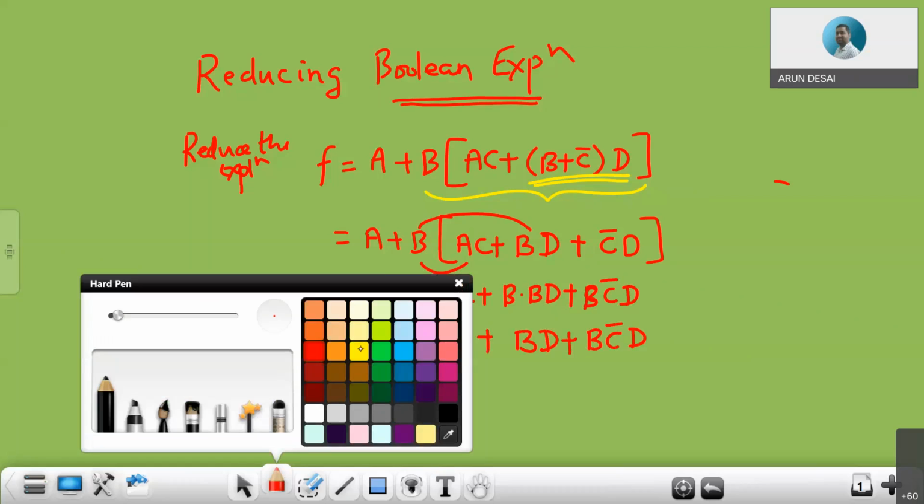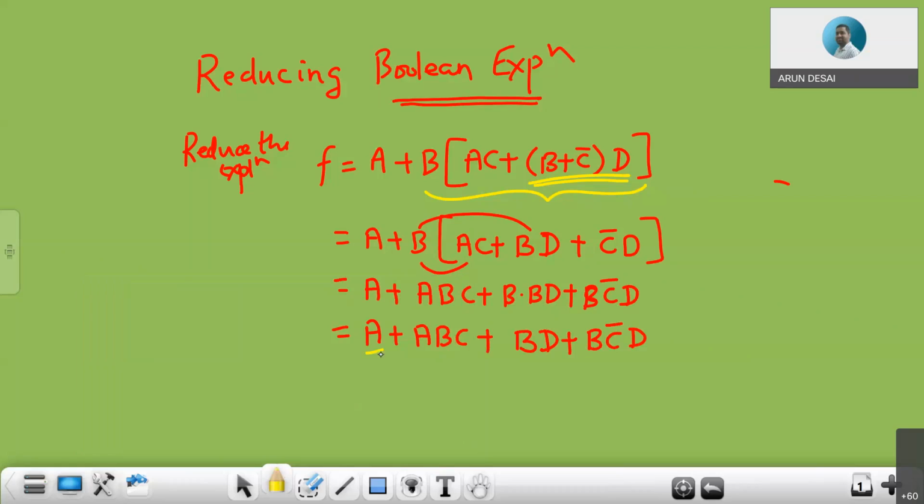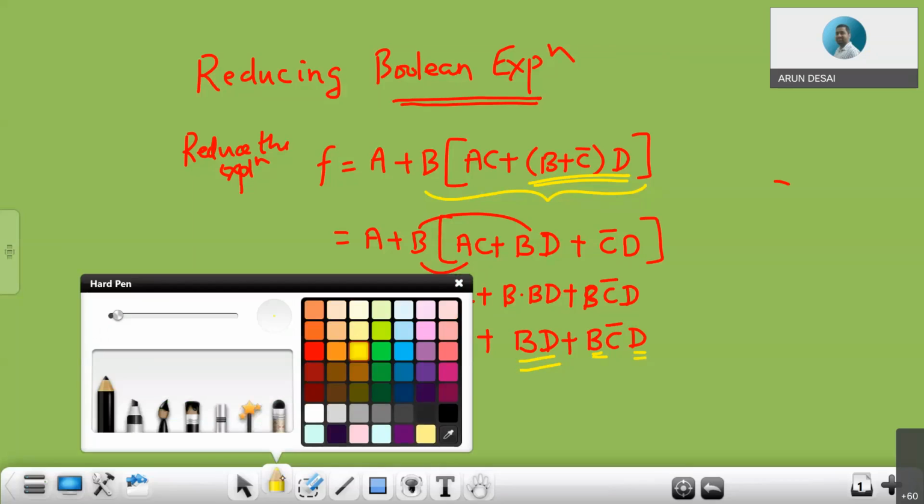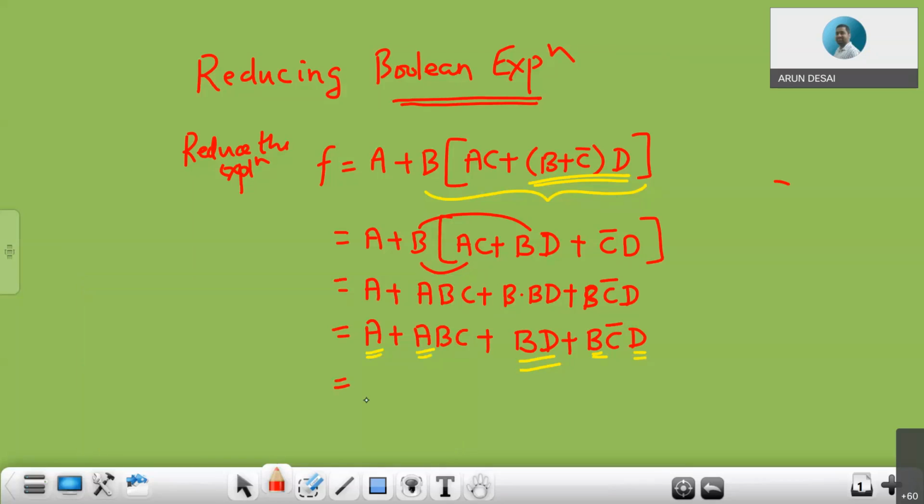Now find out what is common there. A is common in these terms and BD is common in these terms. Put that common factor out, giving 1 plus BC plus BD, 1 plus the complement. 1 plus anything is 1 itself.